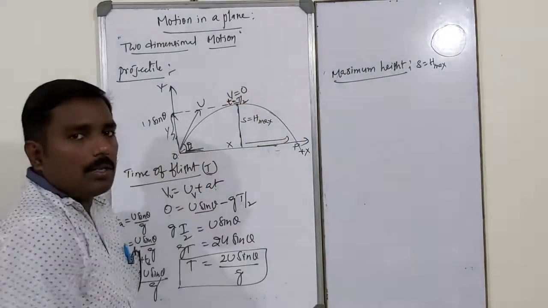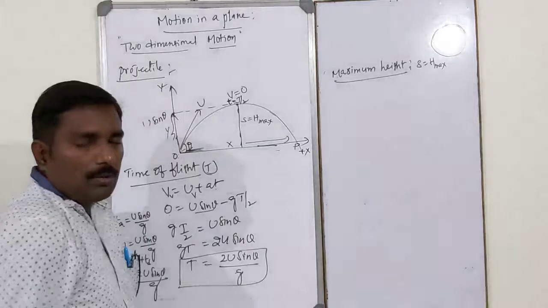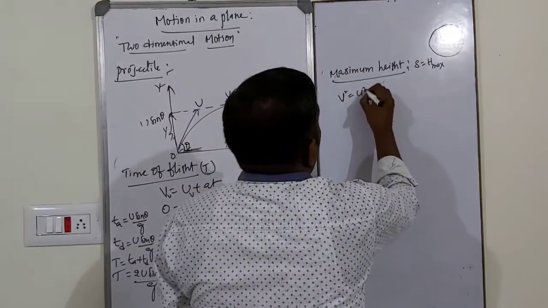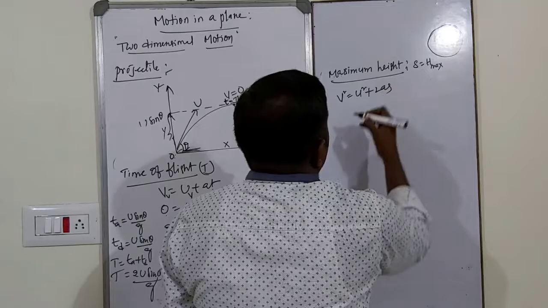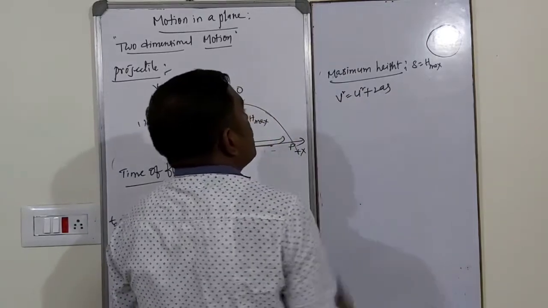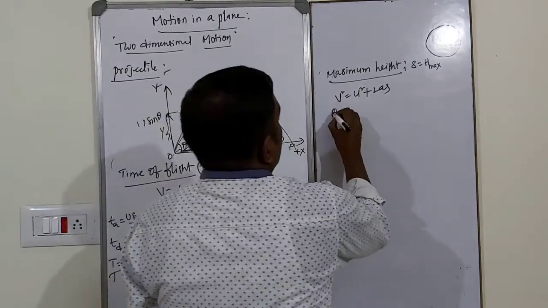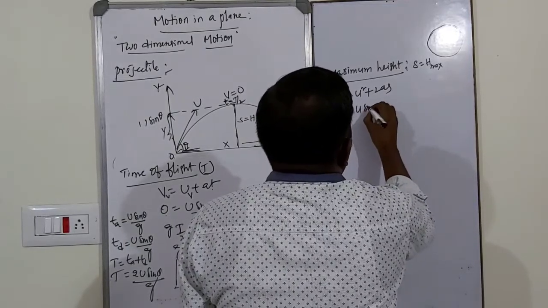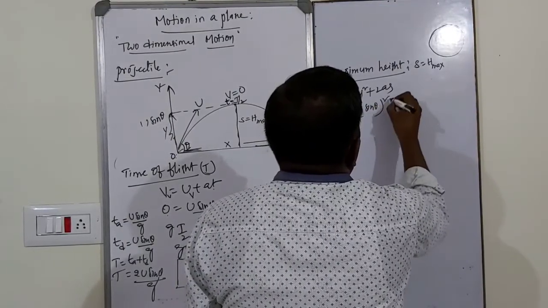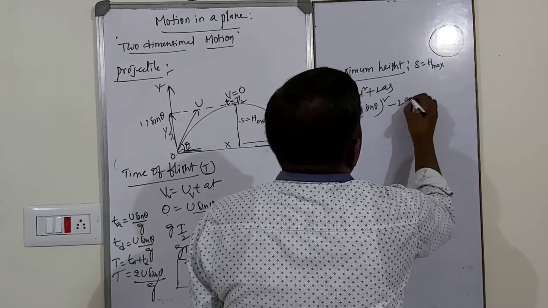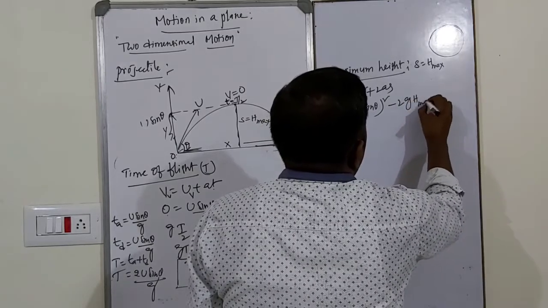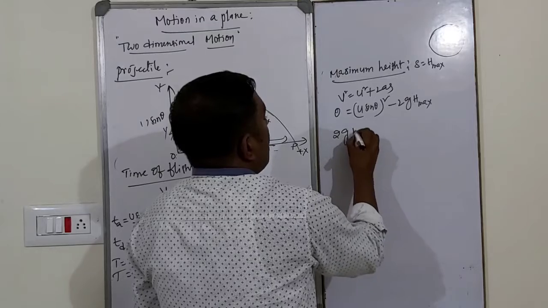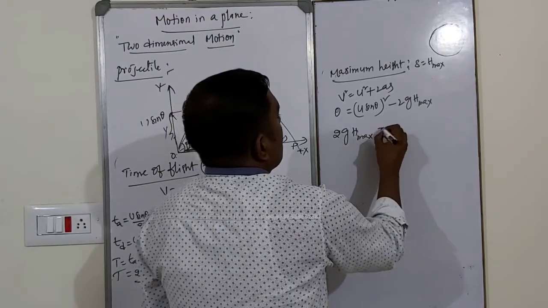Final velocity is 0. I will take v square is equal to u square plus 2as. So final velocity will be 0 in this case. So 0 is equal to u square, that is the vertical component, u sin theta whole square, minus 2g H maximum. Like this, 2g H maxima is equal to what?